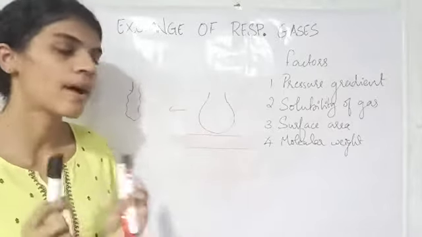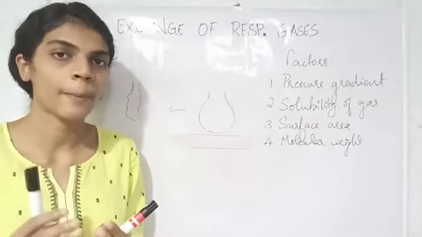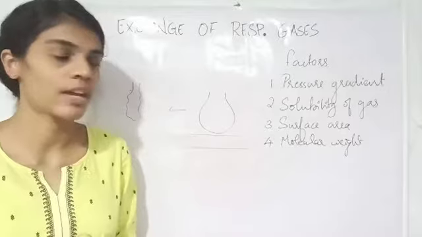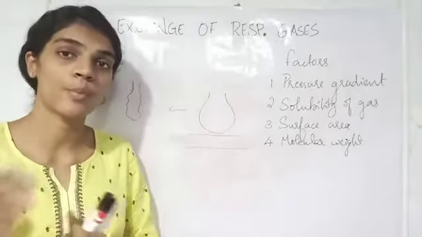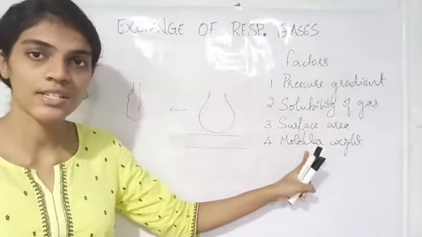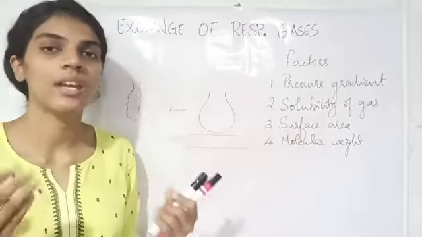If the mass of these gas molecules is less, the diffusion will occur with ease. So the diffusion coefficient is inversely proportional to molecular weight. If it increases, diffusion decreases. If molecular weight decreases, the diffusion increases.